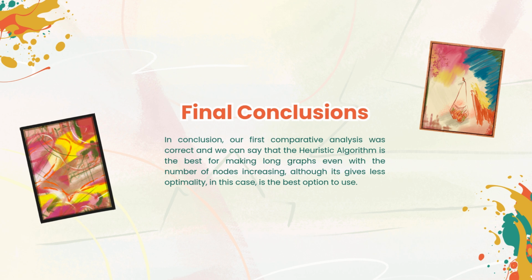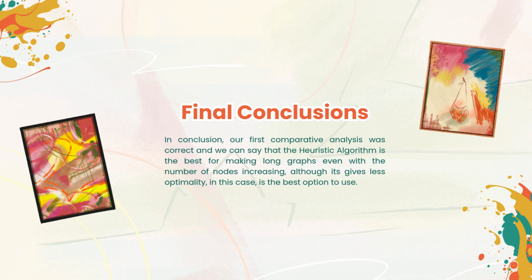At this moment, teacher, you see the final conclusion in general, but I think this analysis confirms that the heuristic algorithm, especially greedy coloring, is a strong and practical choice for handling large graphs, even as the number of nodes keeps increasing.